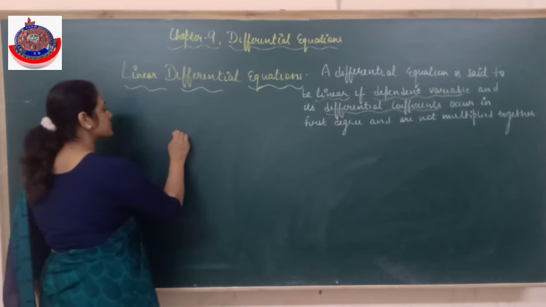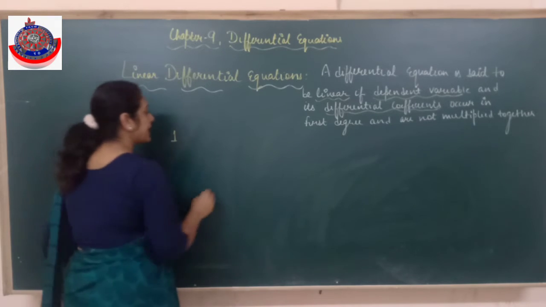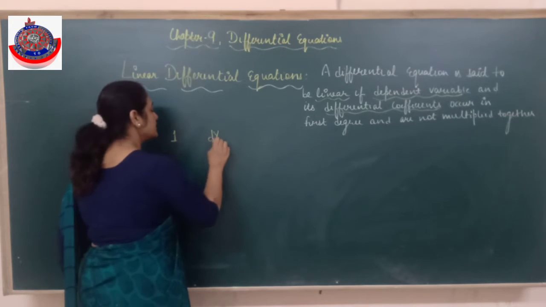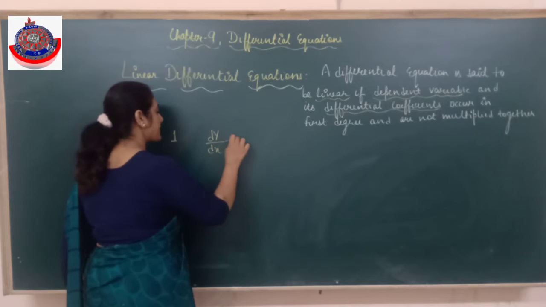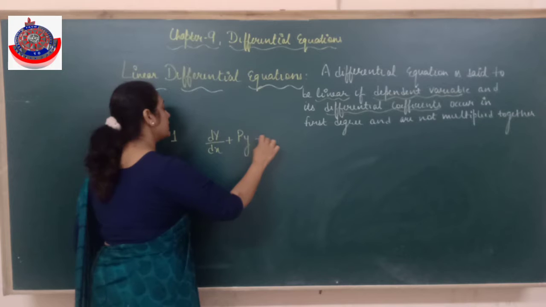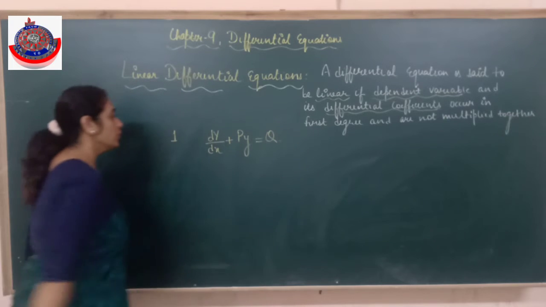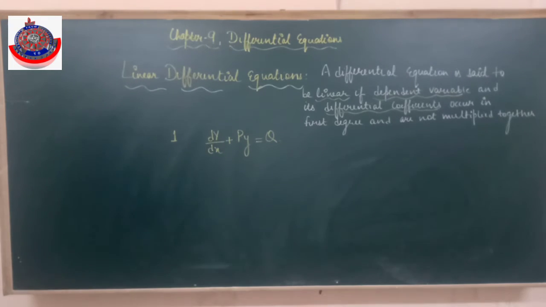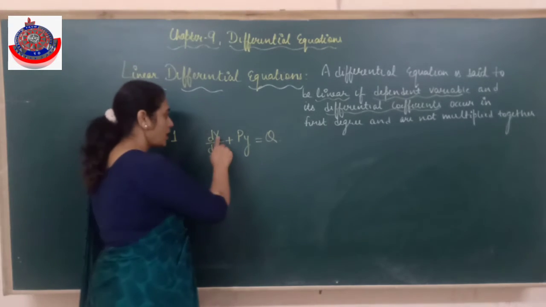The first form is dy upon dx plus py equals q.